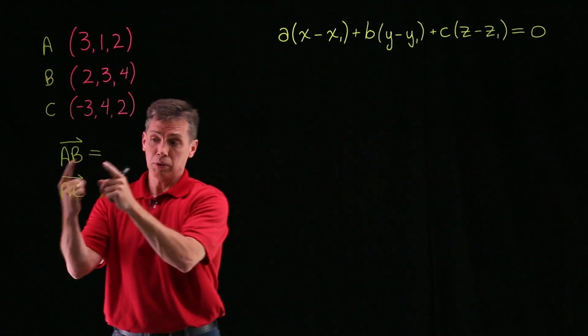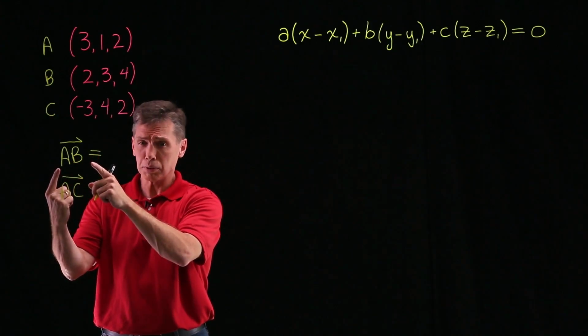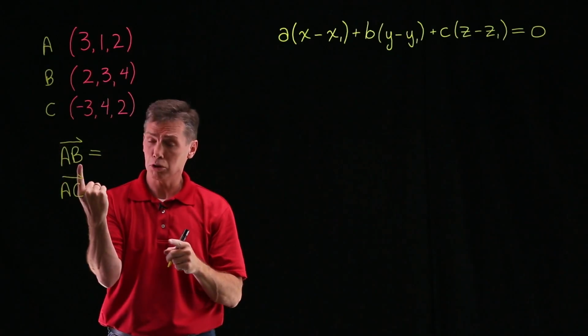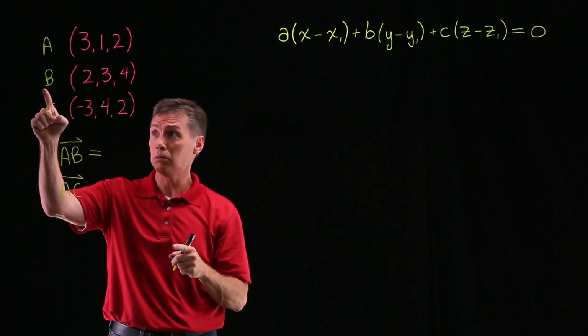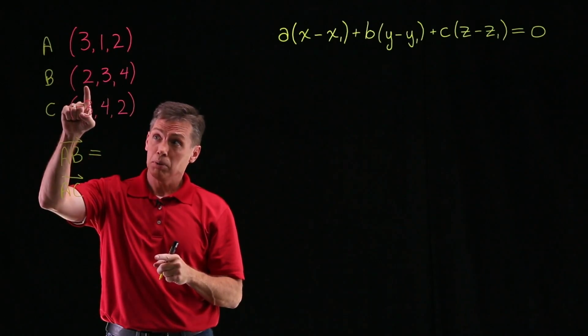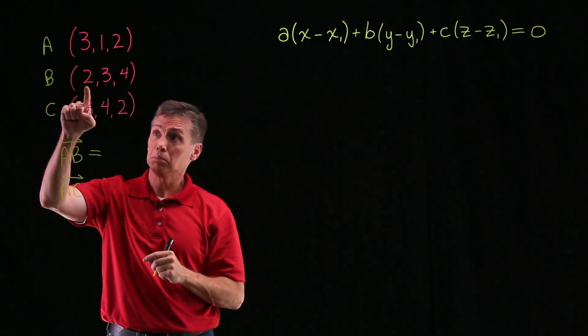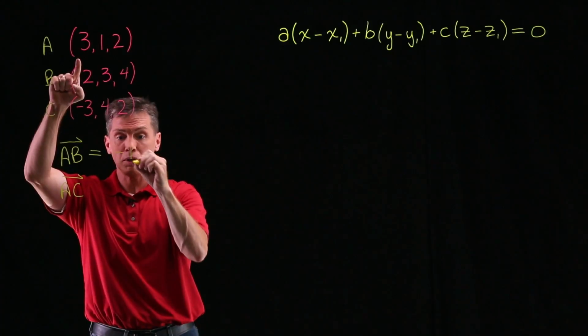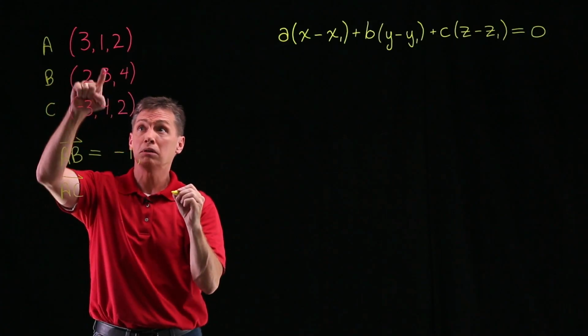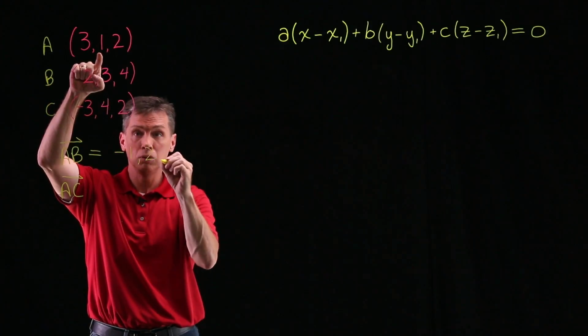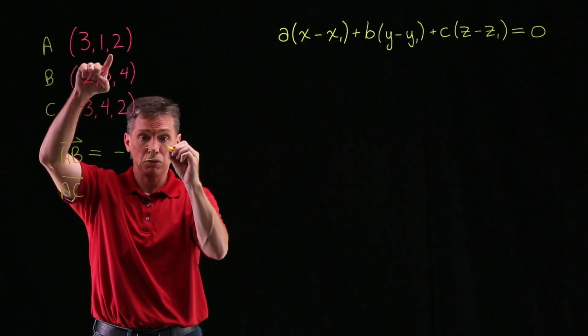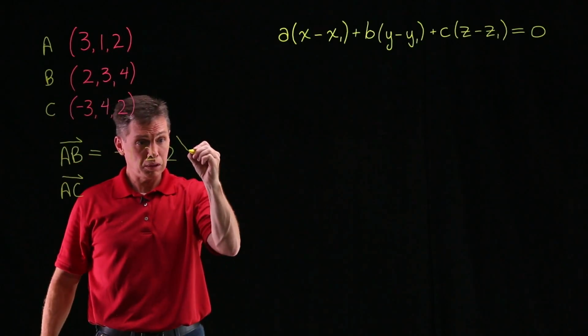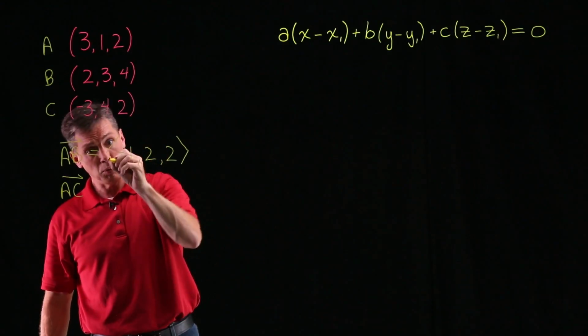All right. So getting these vectors, you've done this before. AB, you grab your terminal point, that's the second letter there, B, and subtract the components respectively with the other points. So 2 minus 3 looks like a minus 1, comma, 3 minus 1 is a 2, and 4 take away 2 is a 2, and I'm writing that in component form.